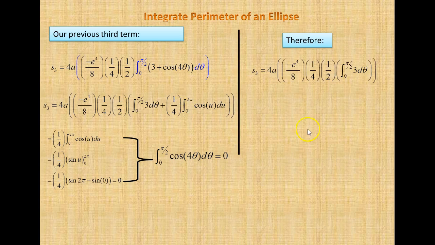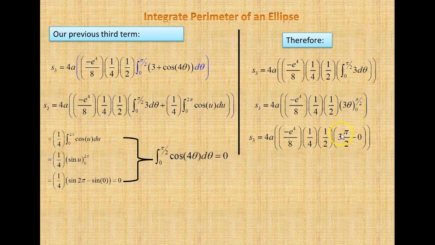Therefore, our new equation, S3 is equal to 4a times the whole quantity of minus e to the fourth over 8 times 1/4 times 1/2 times the integral from 0 to pi over 2, 3 d theta. Well, 3 is a constant, so the integral of that is just 3 theta from 0 to pi over 2.